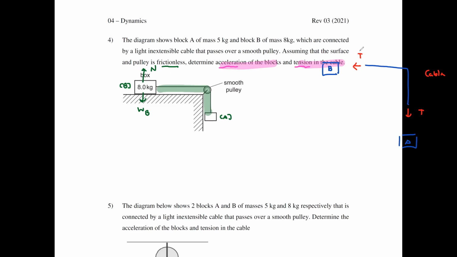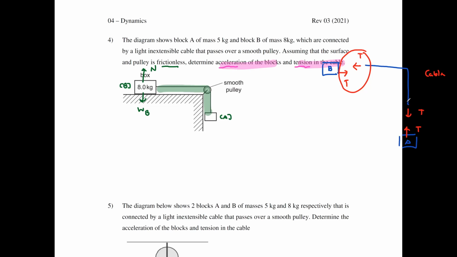So if there's tension T here, there's also going to be tension T in the opposite direction here. Likewise, for block A too, if the cable here has tension T, the block A here will have an equal opposite tension T. This is a consequence of Newton's third law.